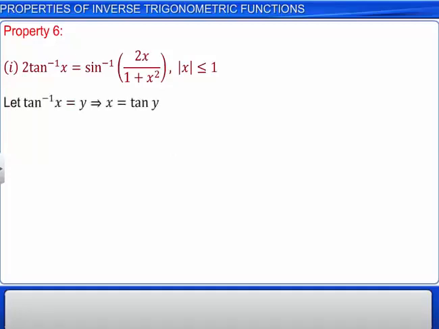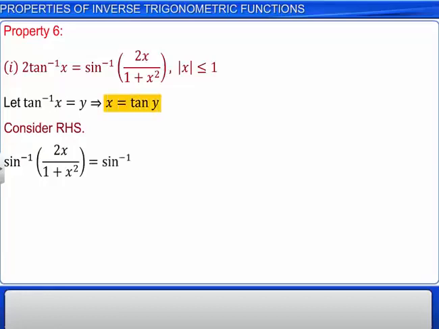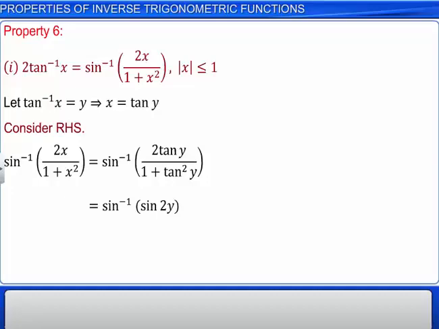Let us assume that tan inverse x is equal to y. This implies x is equal to tan y. Consider the right-hand side. Sine inverse of 2x upon 1 plus x square. Substituting tan y in place of x, we get the right-hand side as sine inverse of sine 2y.